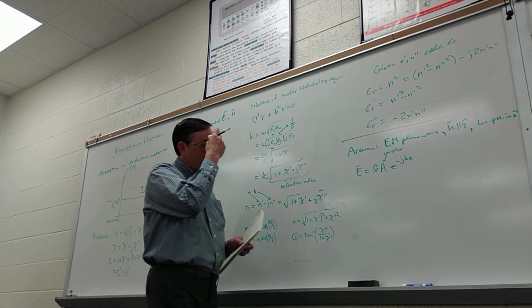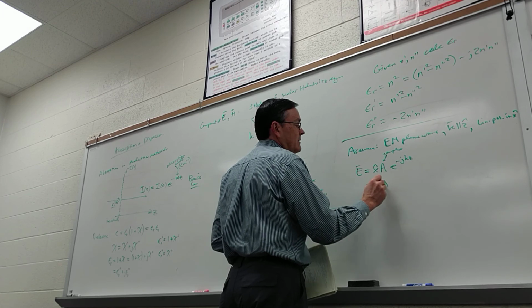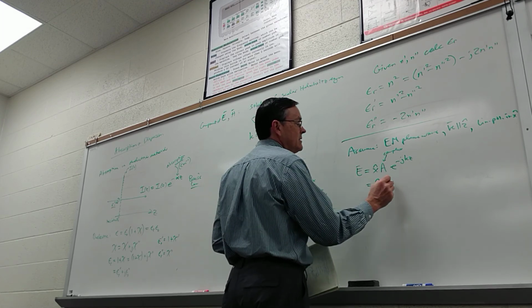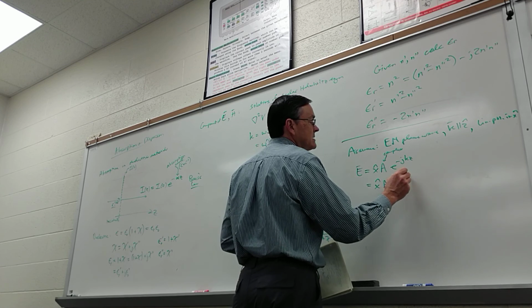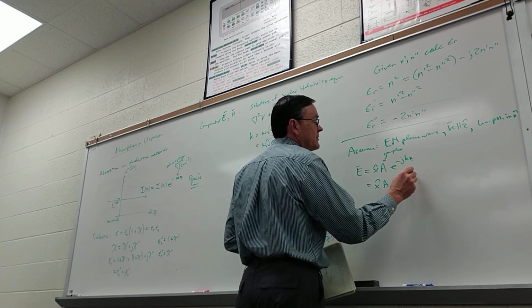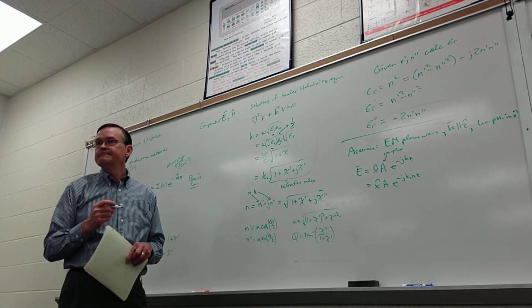So notice then, x hat A, and then here e to the minus j k z. Notice that k is k naught times the refractive index. Right?